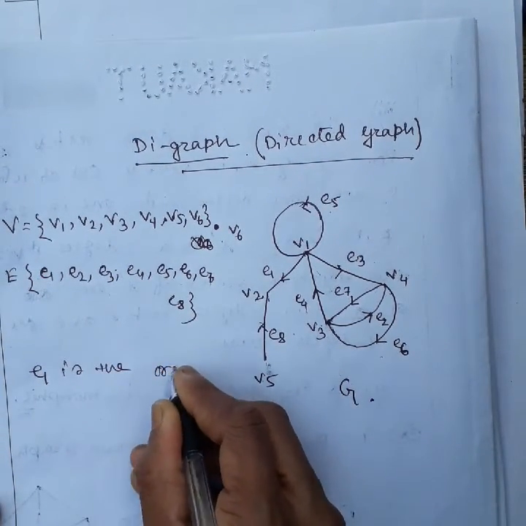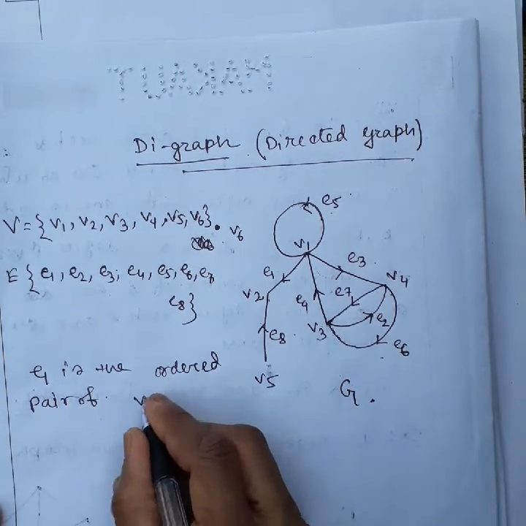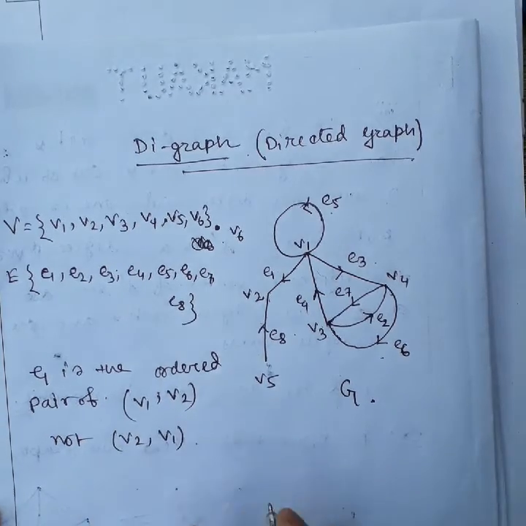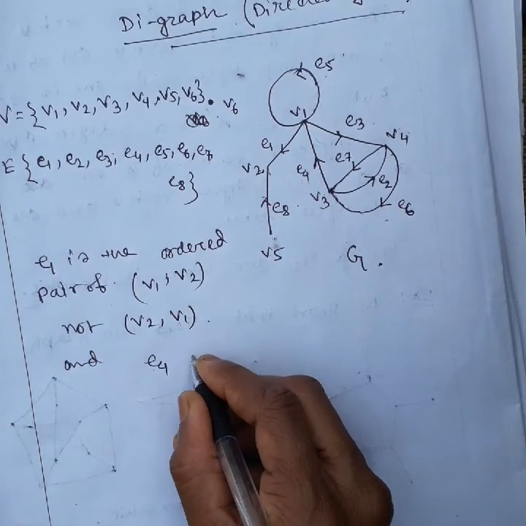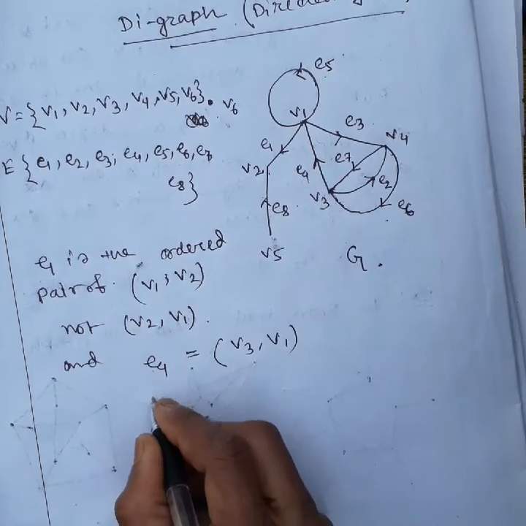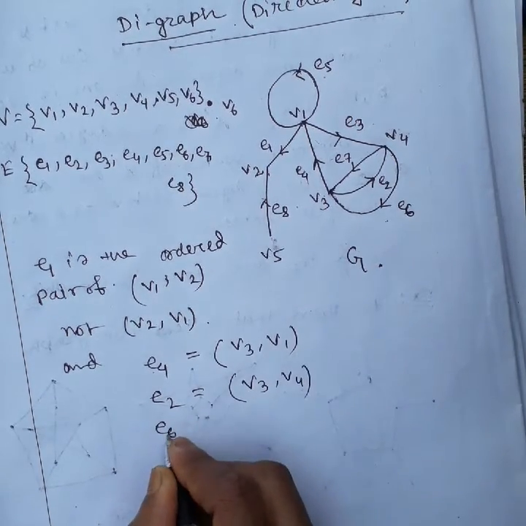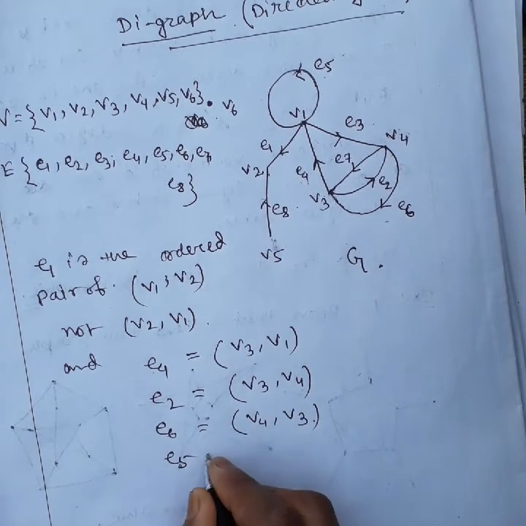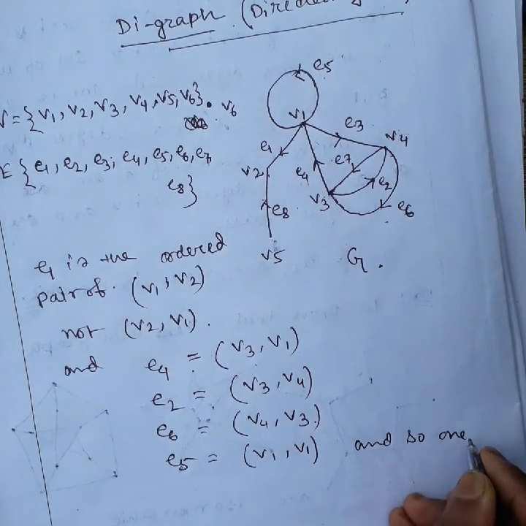Here E1 is the ordered pair of V1 V2, not V2 V1, and E4 is equal to V3 V1, E2 is equal to V3 V4, E6 is equal to V4 V3, and E5 is equal to V1 V1, and so on.